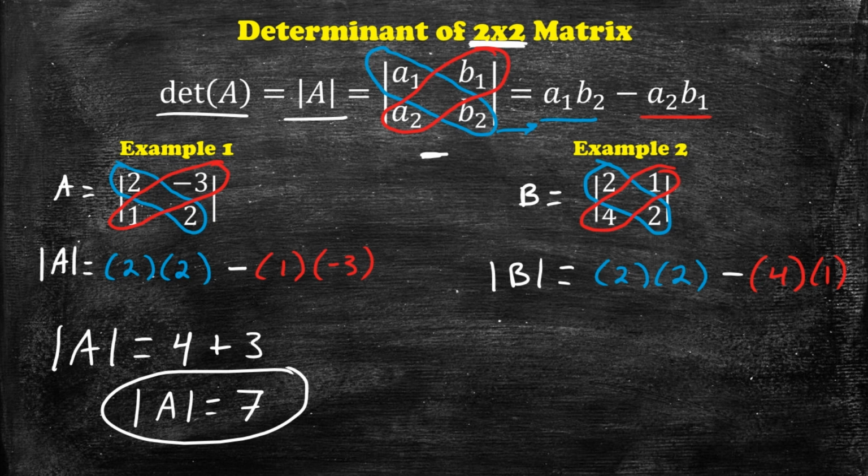All right, so the determinant of B is equal to 4 minus 4. And when you simplify that, your determinant is 0.